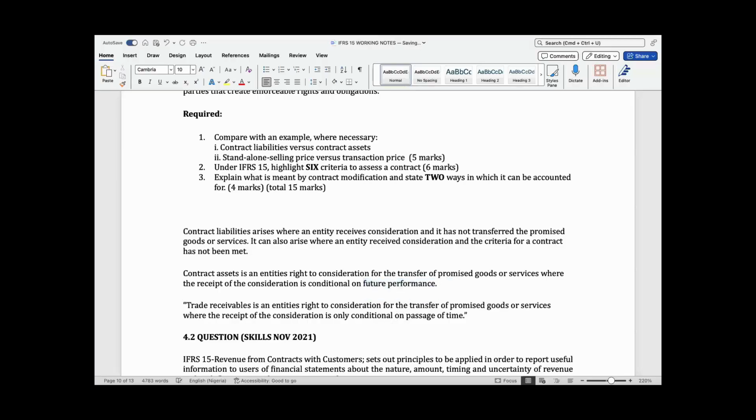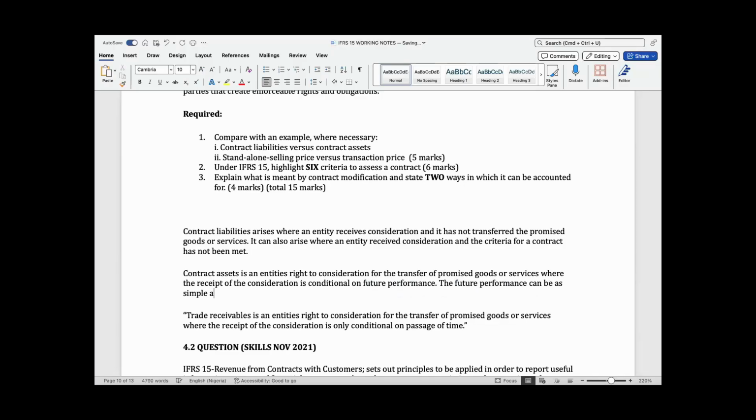So maybe the future performance can be as simple as sending an invoice. So probably maybe you have not sent an invoice. Then it becomes a contract asset because that means you're still required to do something like that. Right?